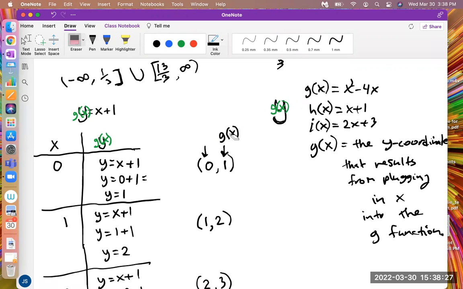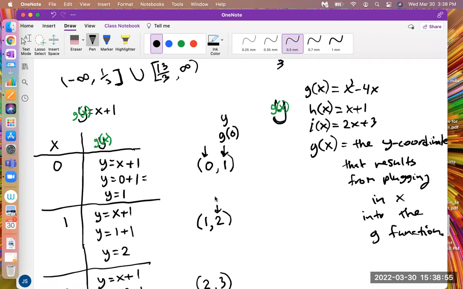We can say this is g of 0. It used to be known as the y coordinate, but g of 0 is its new name, because in this notation, it's telling us not only that this is the y coordinate, but also what x coordinate we plugged in to get that corresponding y coordinate.